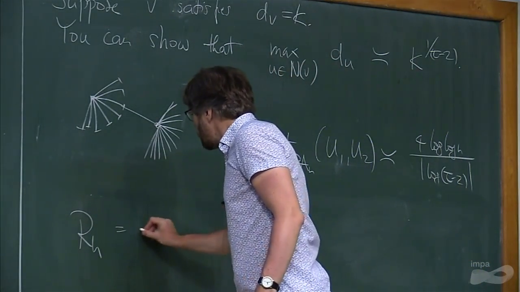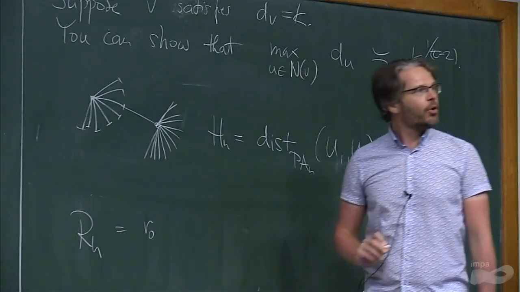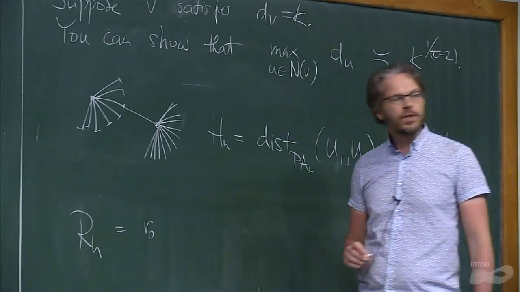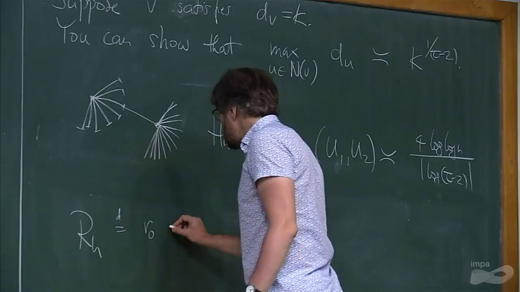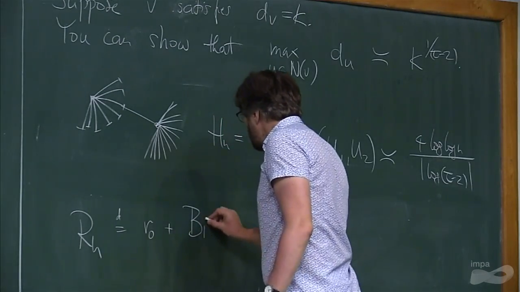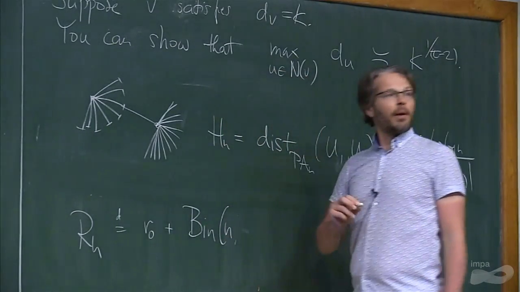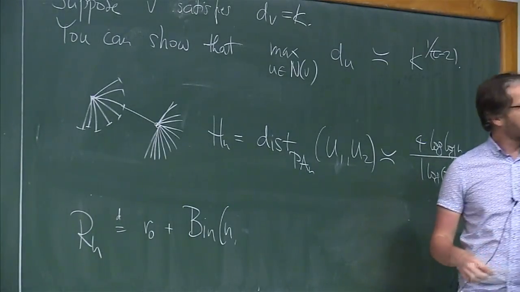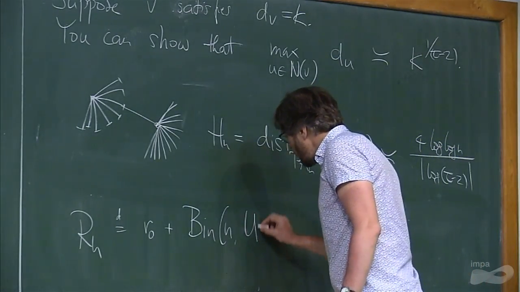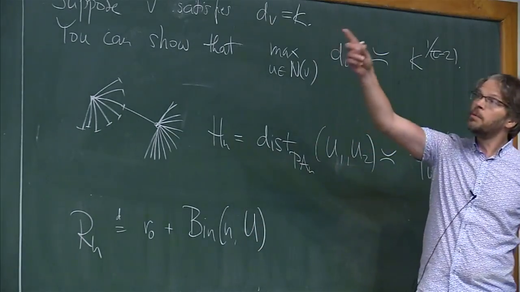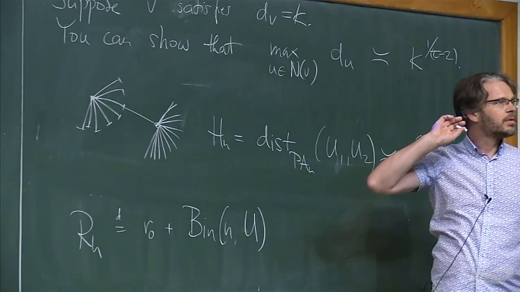Namely, it will be the number of red balls at the starting point. Those, of course, are not going to vanish. But then in distribution, it's the same thing as a binomial random variable with parameter n, because that's the number of draws that I do, and with a random success probability that is this limiting random variable.